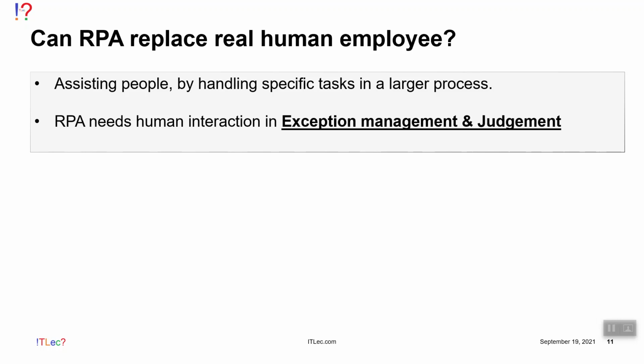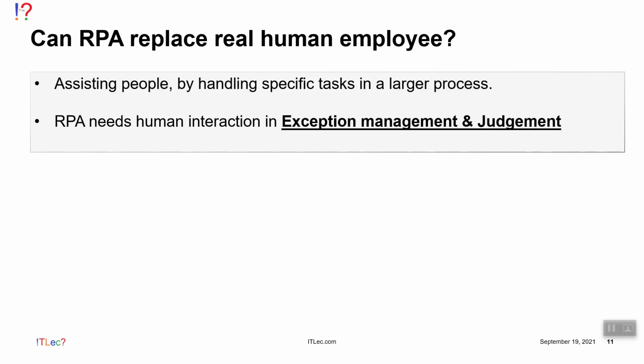However, RPA is just like a human. A robot can open emails and attachments, log into applications, read databases, collect data, fill forms, and perform calculations. Typically, robots operate 3 times faster than human workers.